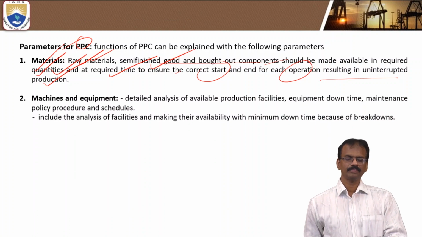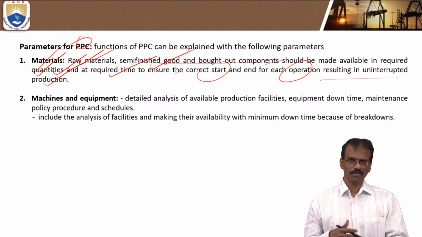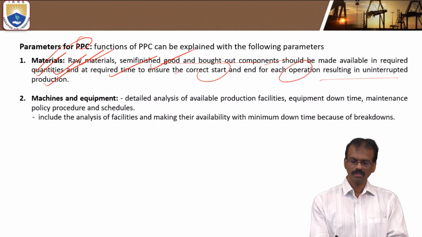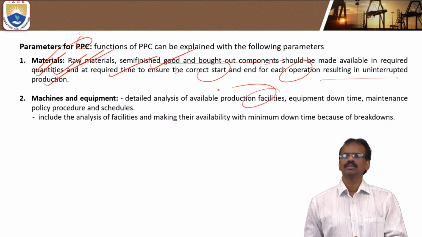So next one is the machines and equipment. A detailed analysis of resources, like what type of machinery is available and what type of equipment is available. Detailed analysis of production facilities is very important.